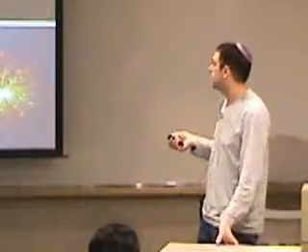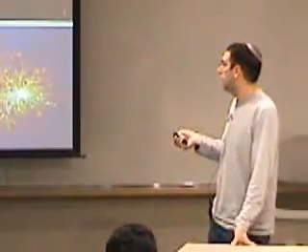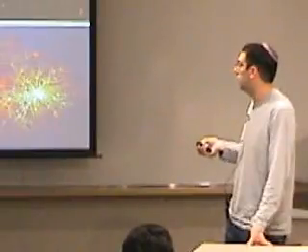And the internet has been mapped, and it has been established that if you take the number of nodes having a given degree, as you can see, this is a log-log plot. So the number of nodes having a given degree decreases algebraically.